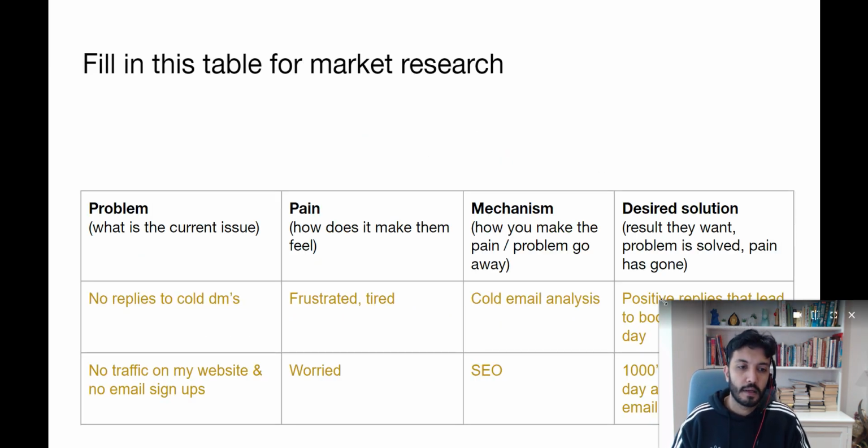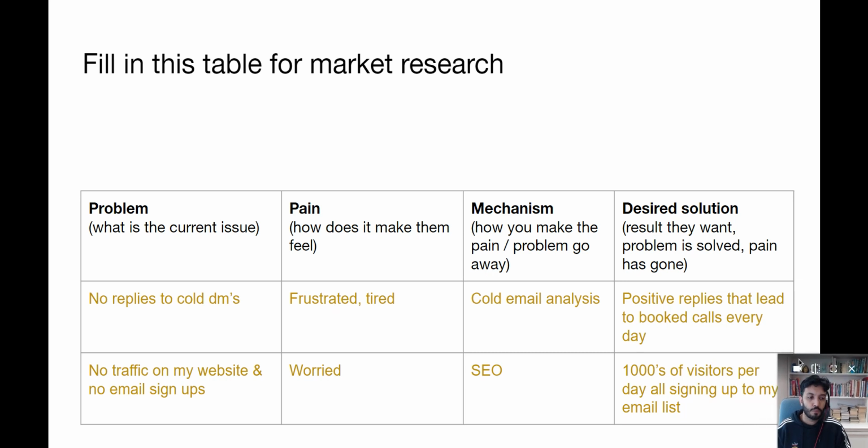So how we do that is we have a table which is very, very simple. Column for problem: what is their current issue? The pain: how does it make them feel? This is more important when you actually get them on a call and you're talking to them. The mechanism is how you make the pain or problem go away, and the desired solution is the result they want, where the problem is solved and the pain is gone.